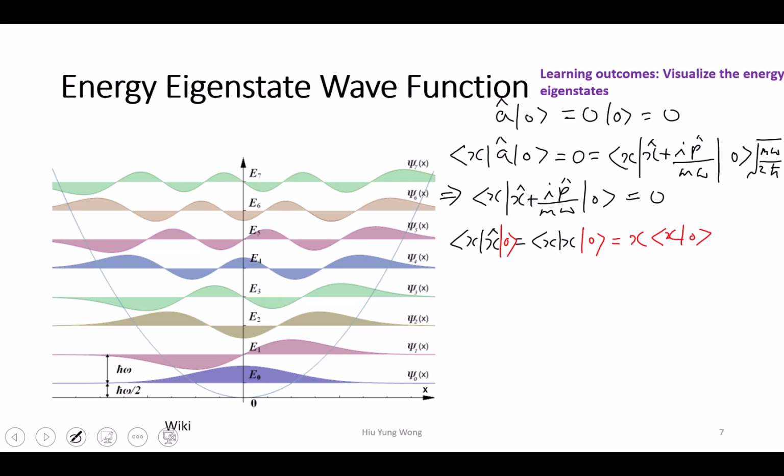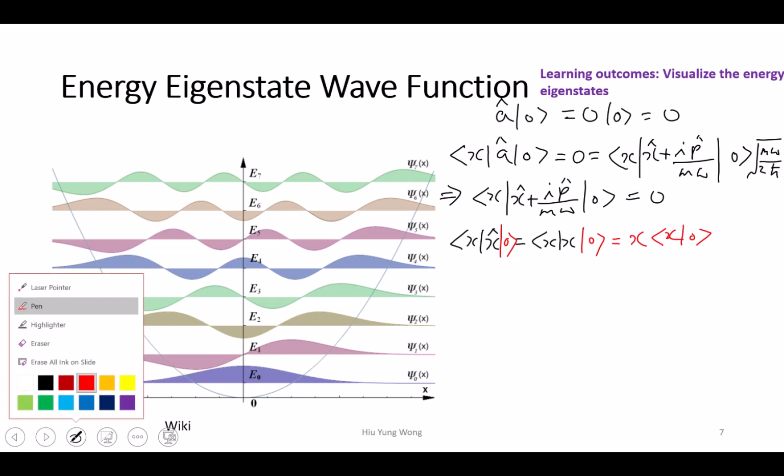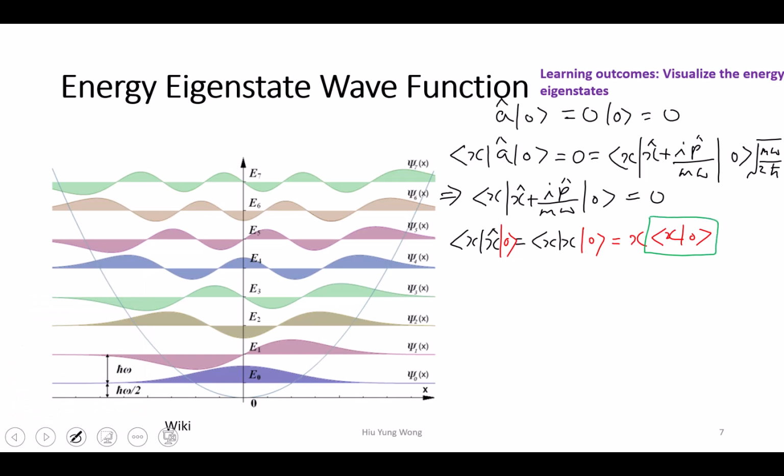Right. Now, what is the meaning of this one? What is the meaning of the X0 inner product? It's projecting the eigenstate of the number operator, 0. This is one of the eigenstates. It means the ground state of the number operator. It's just like spin, the state of spinning up, the state of spinning down. Now this is the state of zero, the ground state of the simple harmonic oscillator with n equal to 0.